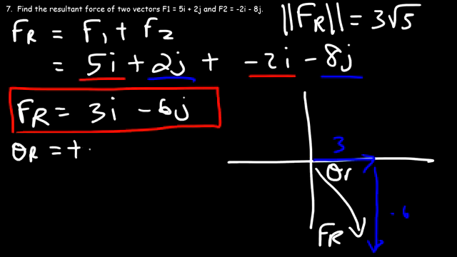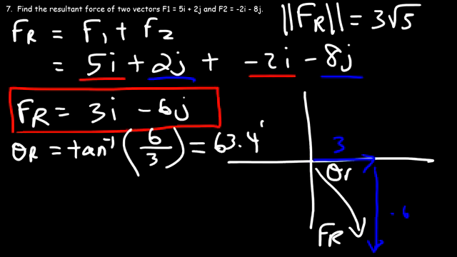The reference angle is going to be the arctangent of the absolute value of Vy over Vx. So the absolute value of Vy is positive 6. We're going to get rid of the negative sign. Vx is 3. So we need to take the arctangent of 2. And so it will give us this angle, which is 63.4 degrees. So that's the reference angle inside here.